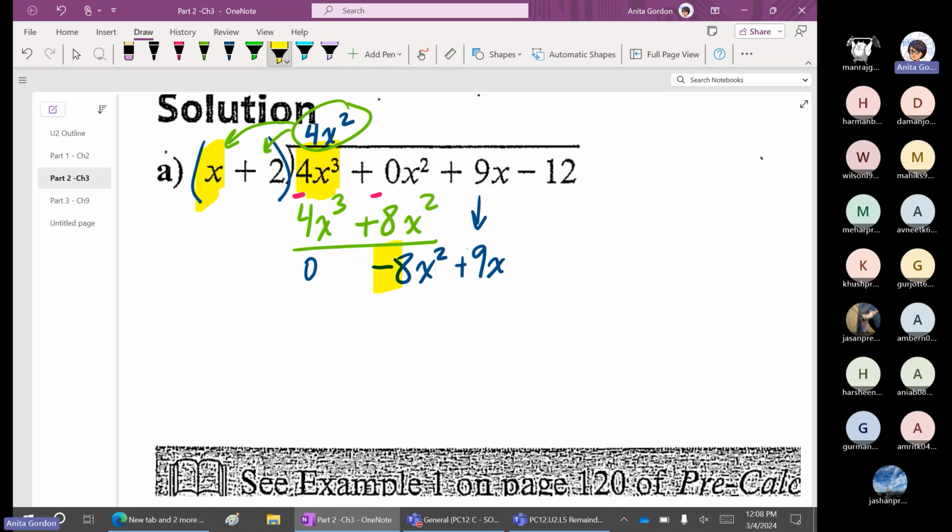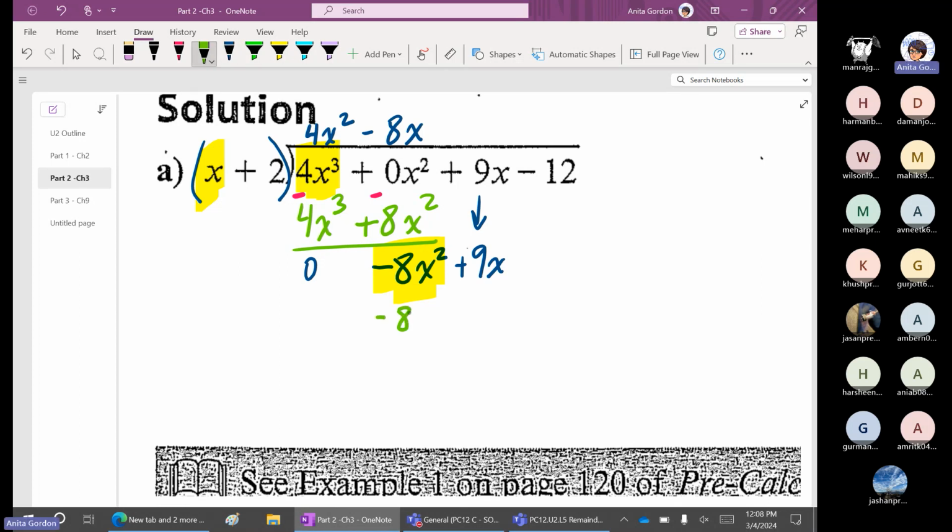Again, I focus just on the first term. What do I need to do to x to make it negative 8x squared? So I multiply it. This is negative 8x. Again, I multiply negative 8x by both my terms in the divisor.